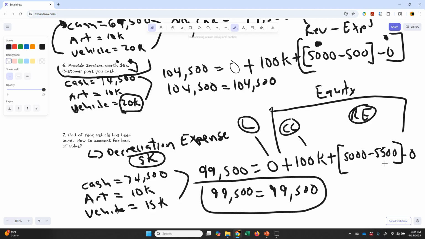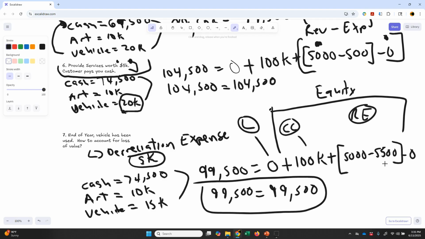Okay. So hopefully stepping through these transactions, you've gotten convinced to some degree that this accounting equation is balanced throughout every transaction. And it is the case, okay? As we go further in the class, I think you'll become more convinced of this.